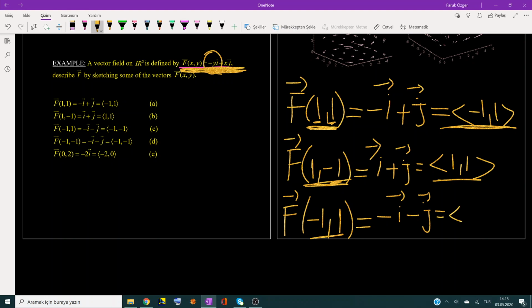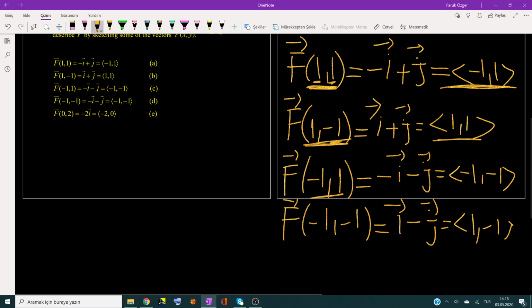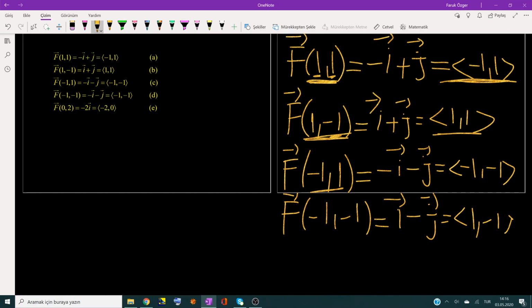So in this case, your vector becomes minus 1, minus 1. At the point, for instance, minus 1, minus 1, this vector field generates the vector i minus j, that is 1, minus 1.